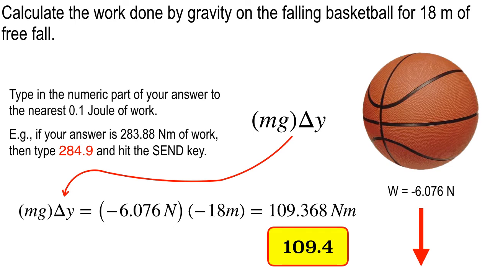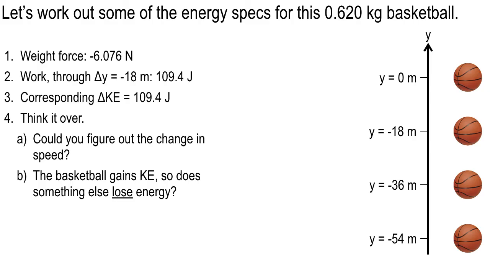Now, let's do some thinking. Let's keep going. All right. Let me ask you this. Here's question 4. We're thinking it over. We have a change in kinetic energy from 0 at rest at y equals 0 elevation, where you drop the basketball, down to minus 18 meters.